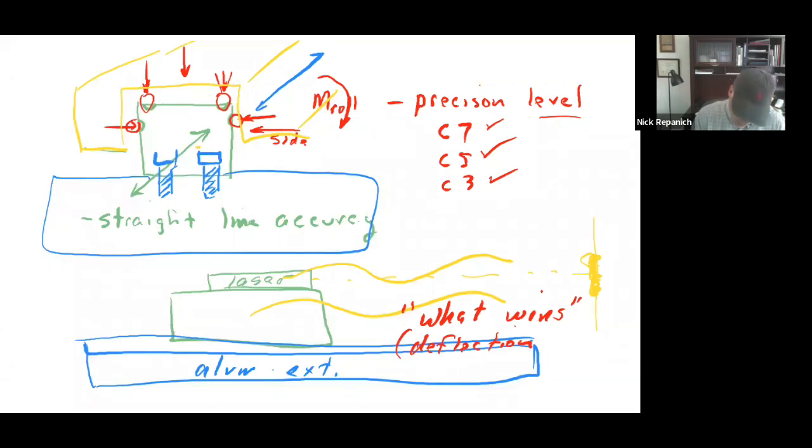The bearing itself doesn't tell you a flatness. It only tells you straight line accuracy, which means it's up to you to pick a surface to mount it to which is flat, which aluminum extrusion is not. You ruined your bearing if you mount it to that.